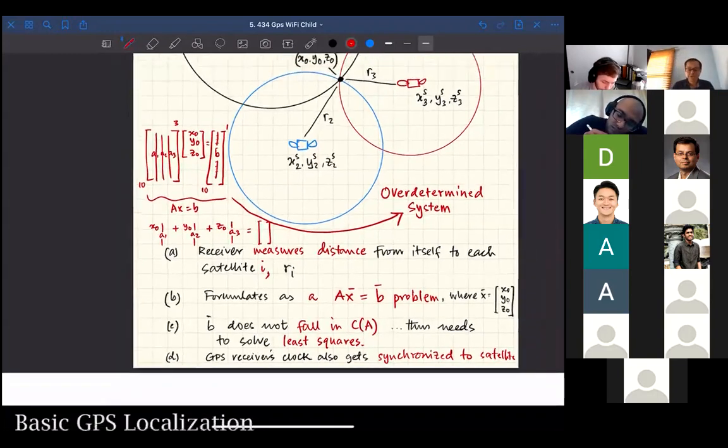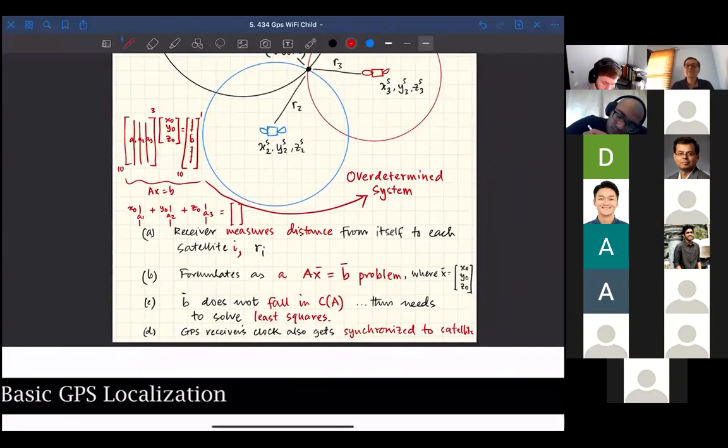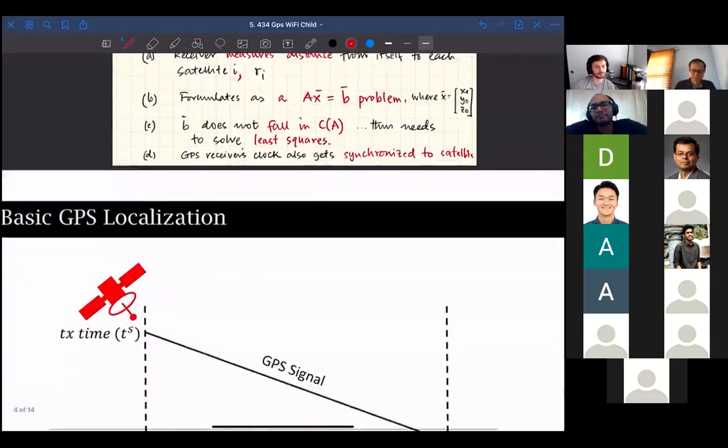This is why many places, manufacturing plants, electricity grid, etc., all have GPS chipsets in them, not because they care about the motion, the electricity grid is not moving, but they care about syncing with the GPS clock. GPS also synchronizes your clock.